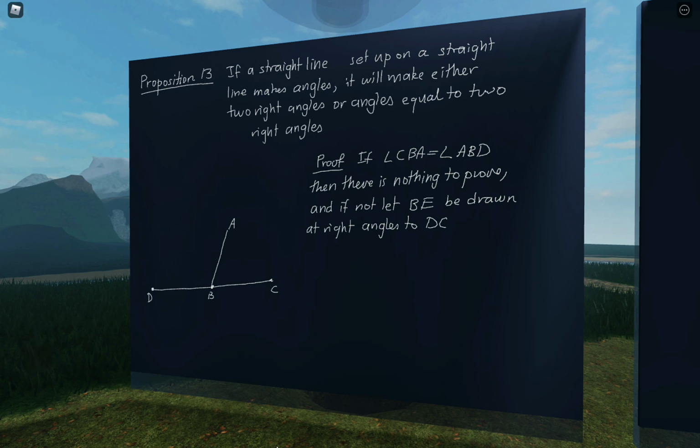So this is using proposition 11. Here's BE. Okay. Therefore, CBE and EBD are two right angles.